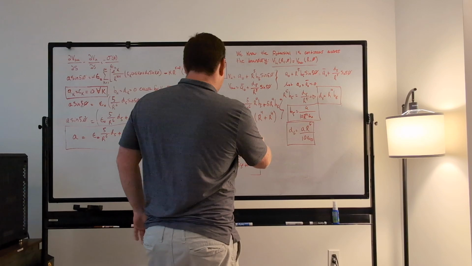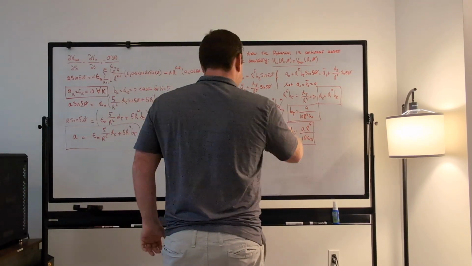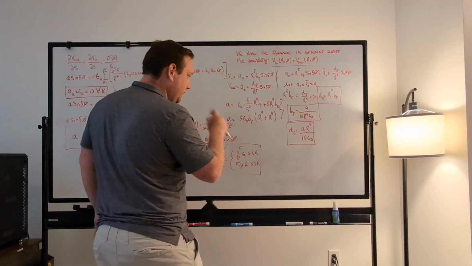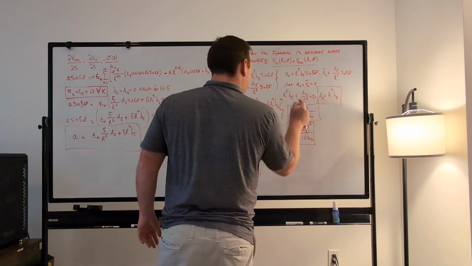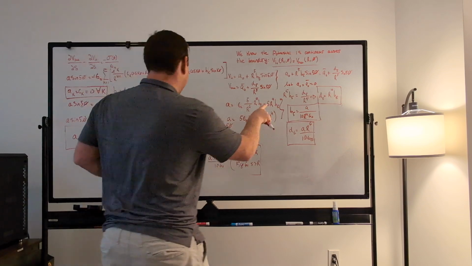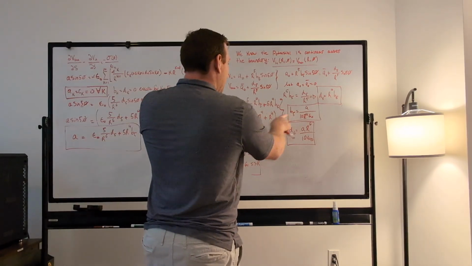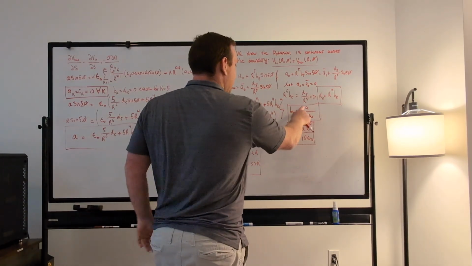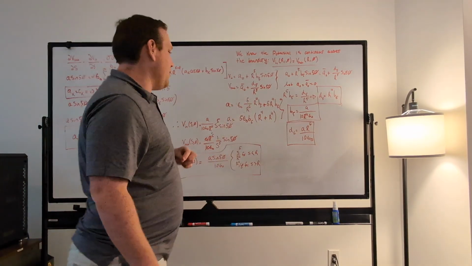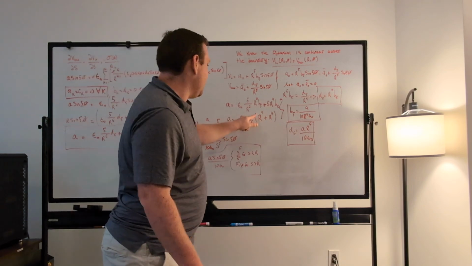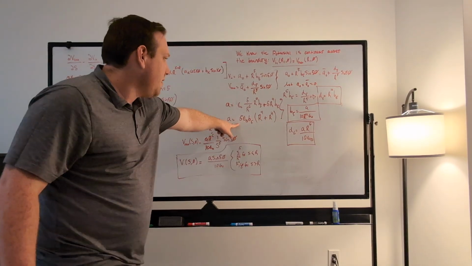Essentially what we get is that A is equal to 10 R to the 4th b sub 5 epsilon naught. And we just rearrange. So solving for b sub 5, b sub 5 equals A divided by 10 R to the 4th epsilon naught. 10, because this is 2R to the 4th, so 2 times 5 is 10.